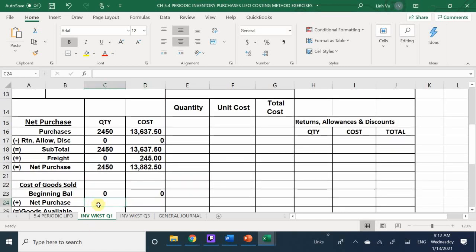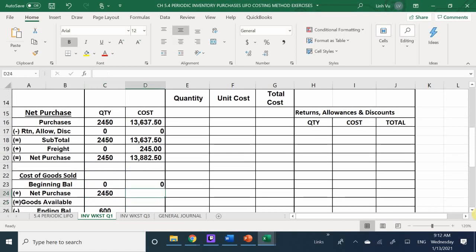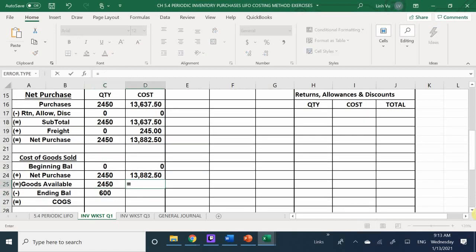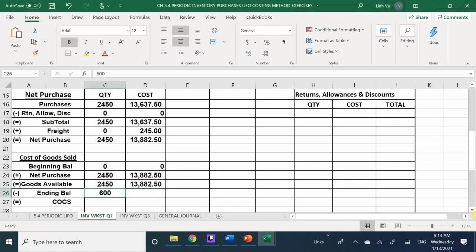Okay. So now we're going to carry these numbers from above down. And now we're going to calculate our total goods available, which is your beginning balance plus your net purchases. So in this case, because we don't have any, it's going to reflect the same. We know that we were given that at the end of the month, we have 600 items available.